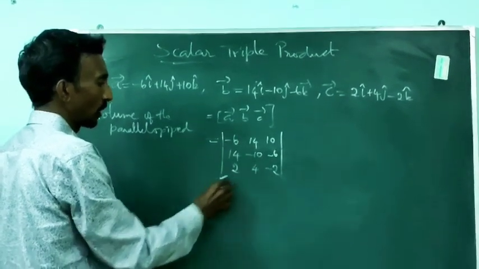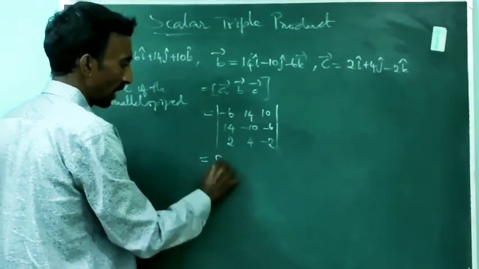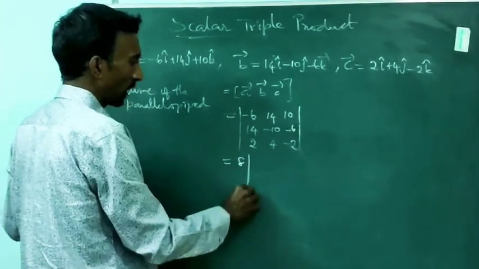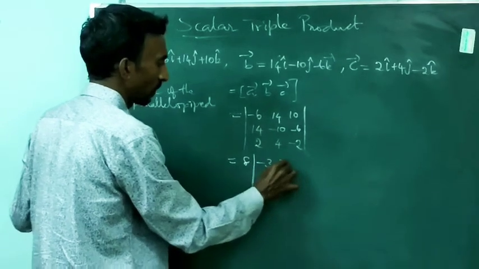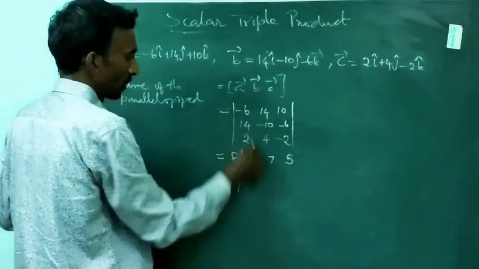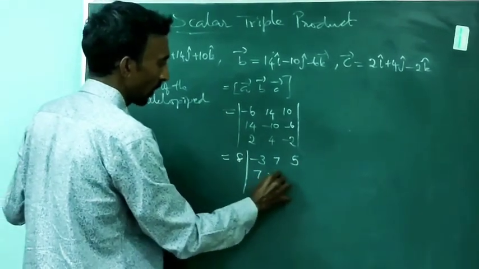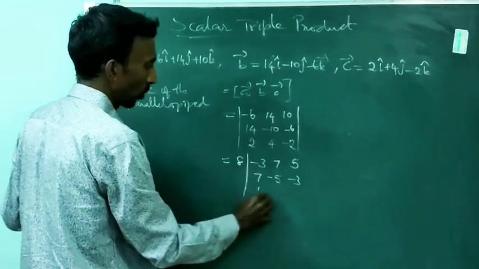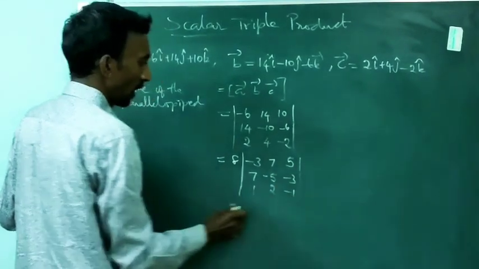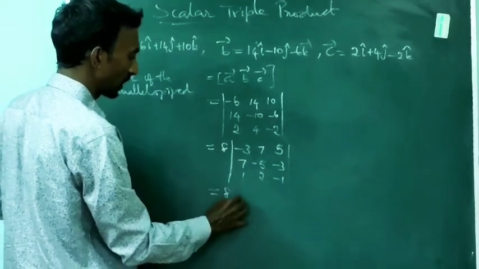So 2 into 2 into 2, we can keep 8 outside. First row: minus 3, 7, 5. Second row: 7, minus 5, minus 3. Third row: 1, 2, minus 1. We can find the simplification in an easy way.